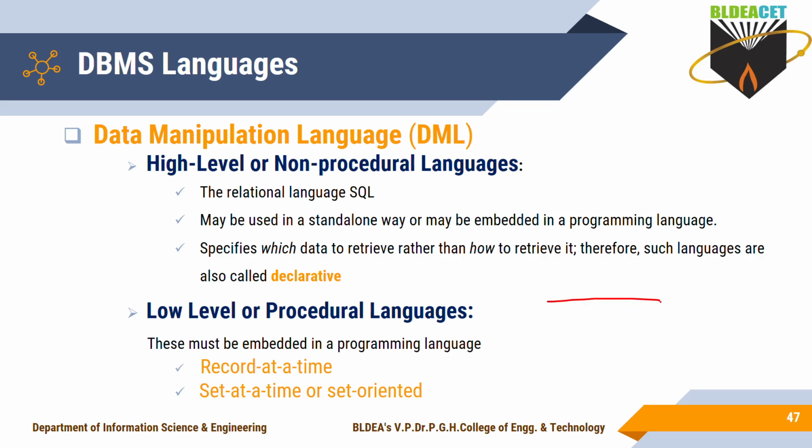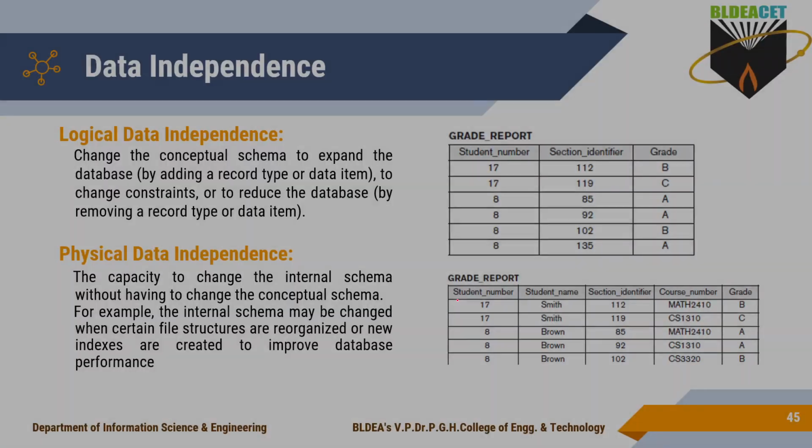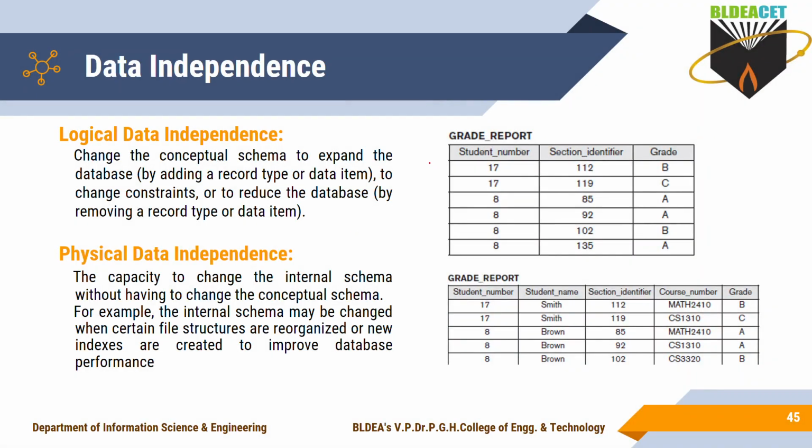This is your one table. Assume that this table contains multiple records here. Okay, one second, I'll take the example of the previous one. I'll take a simple example. Assume that grade report is one database, and it contains multiple records here.